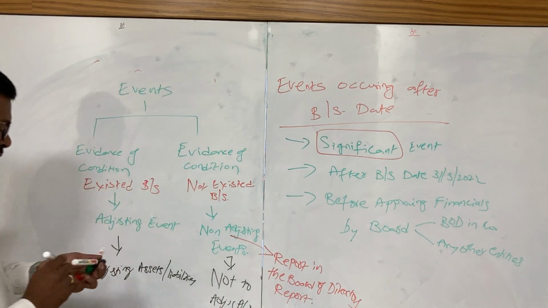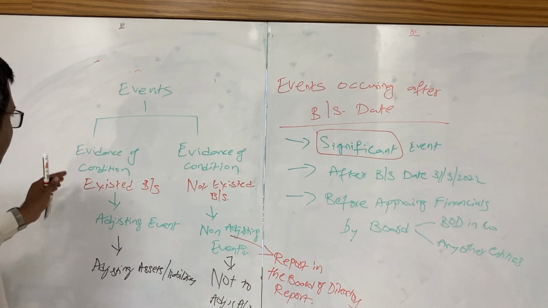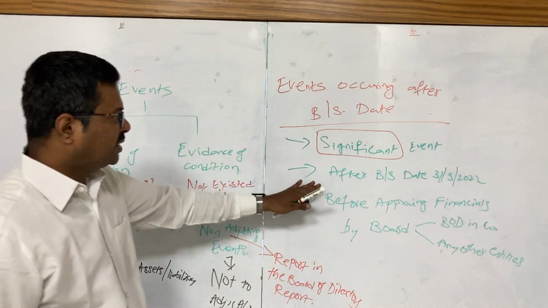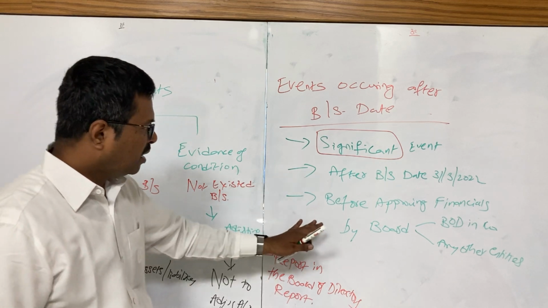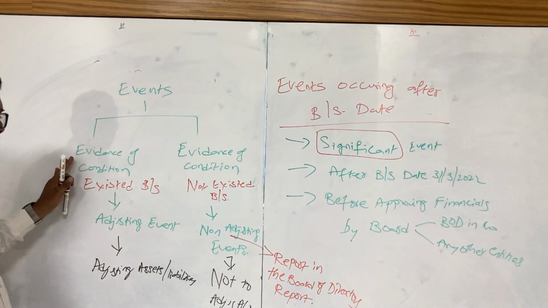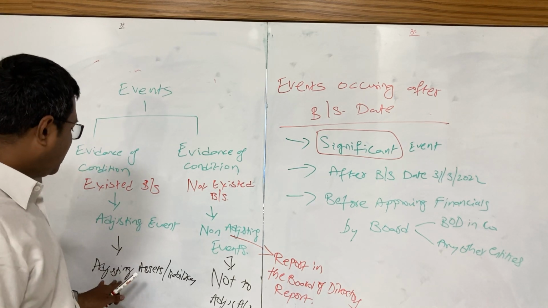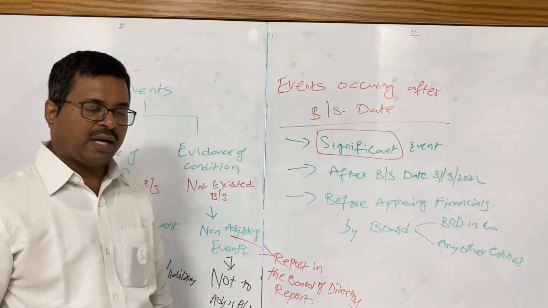See, there are two kinds of situations. One, that particular condition which has taken place after the balance sheet date, but before approving the financials by the board of directors, then you have to adjust. It is called an adjusting event, and it has to be adjusted in the assets or liabilities of the financials.